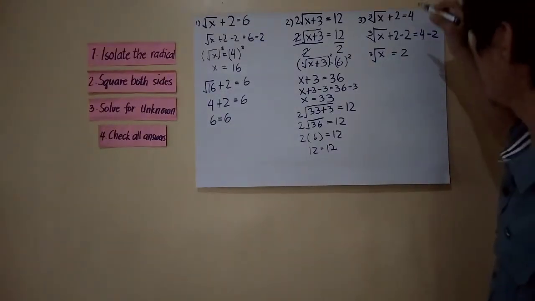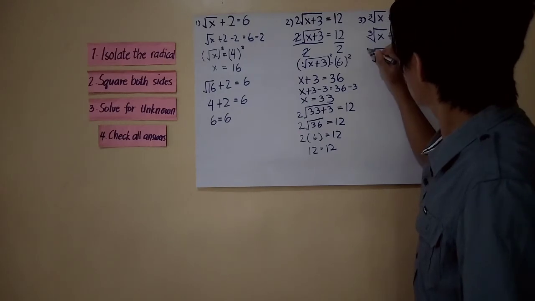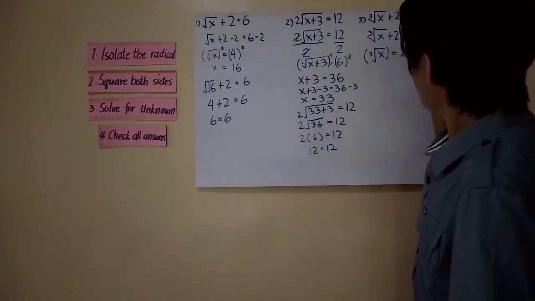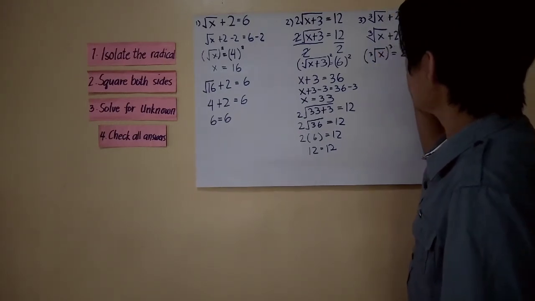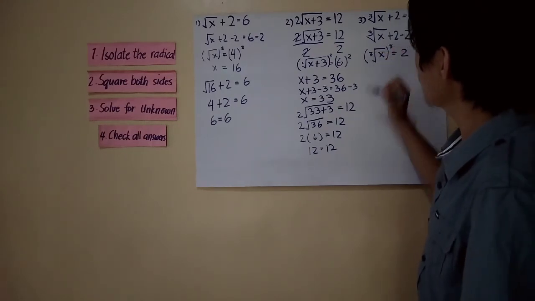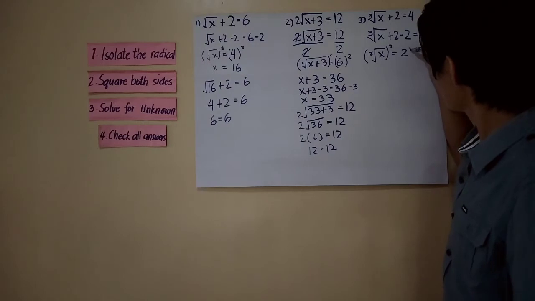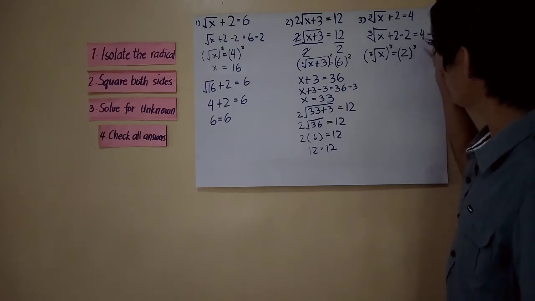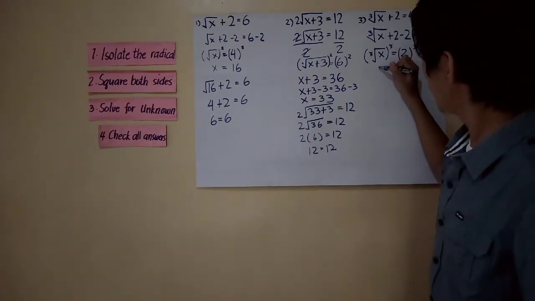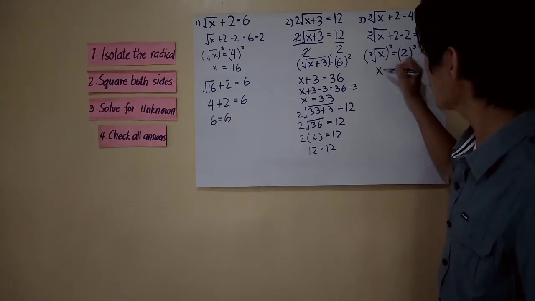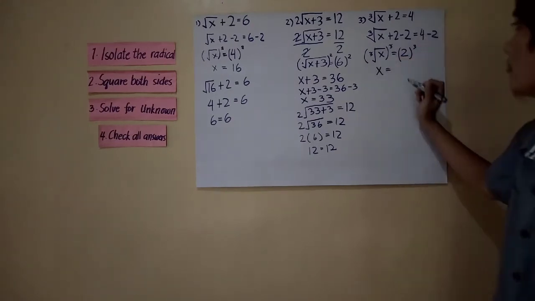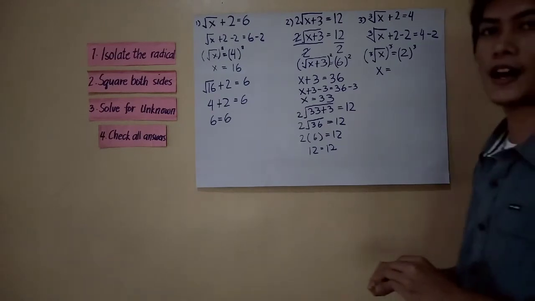So here, cube root of x, cubed, so these 3s will cancel out, and now we're left with x, and on the right side 2 cubed. So on the left side we're left with x, while here 2 cubed. What is 2 cubed actually?